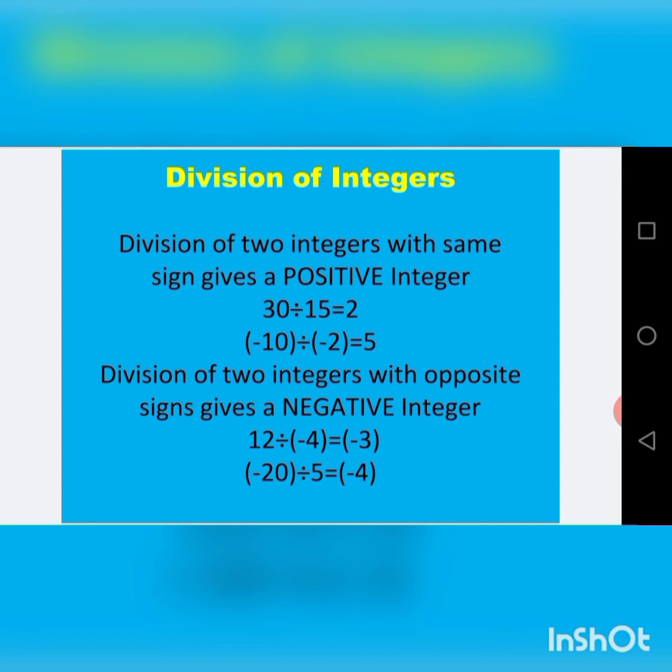These are two opposite signs, so we are getting the answer as a negative integer. Here also, minus 20 is a negative integer, 5 is a positive integer. Two opposite signs, so we are getting a negative integer. Minus 4 is the answer.